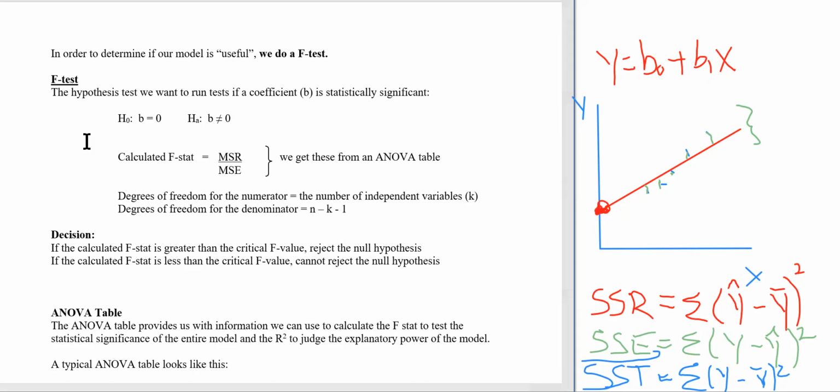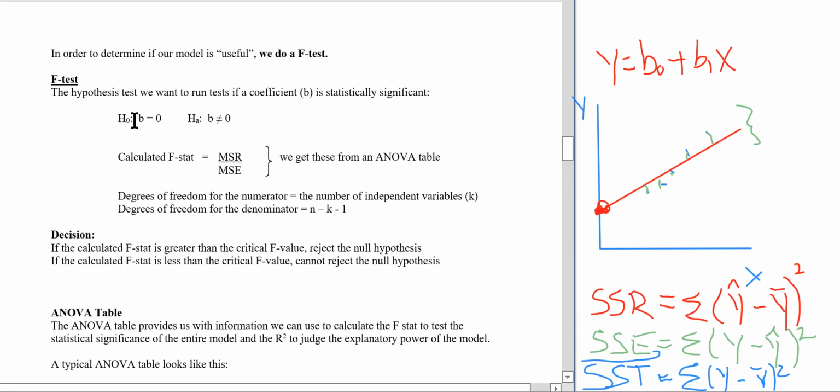Remember, we're always testing the null. The alternative is what we want. We want to see if this is statistically significant. We want to see if beta is not equal to 0, that it's equal to some other value. That's really what we're testing.